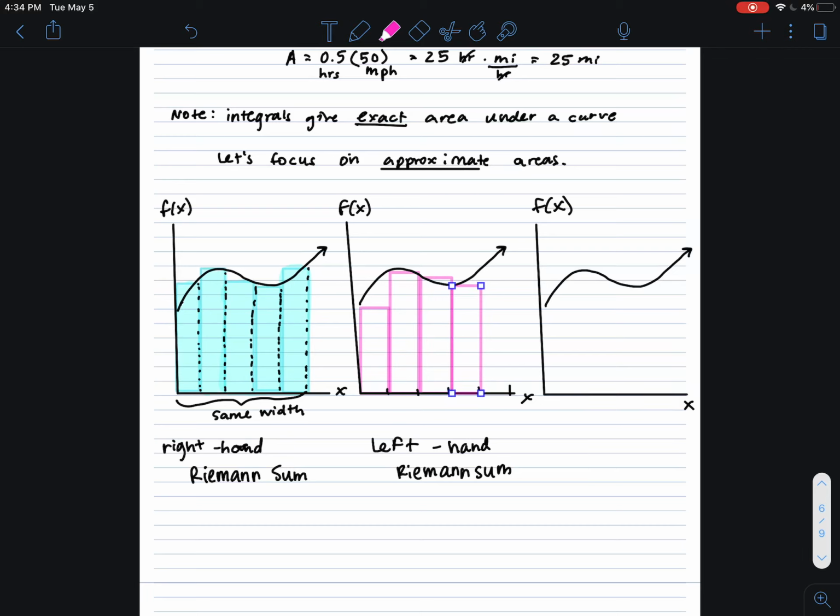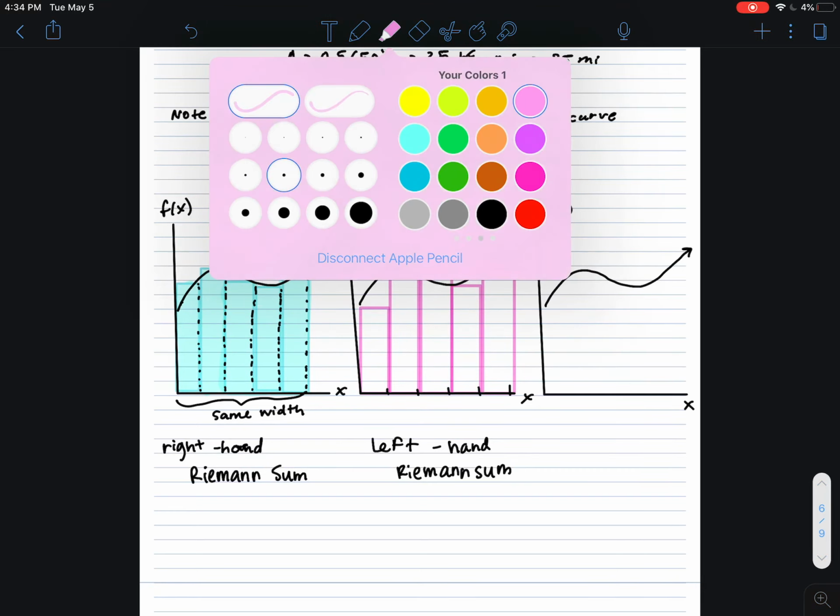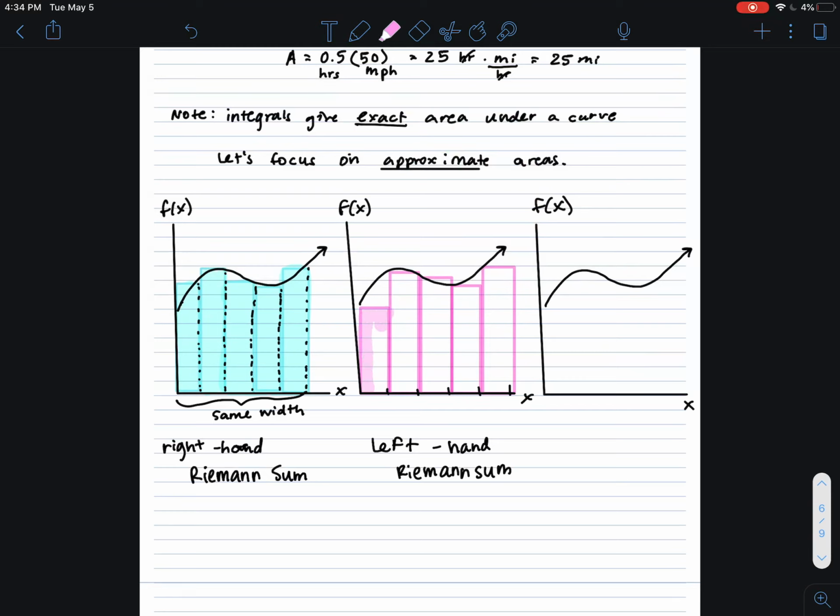Left side and the left side. Okay, so if I color this in, the areas of these rectangles would be like this.